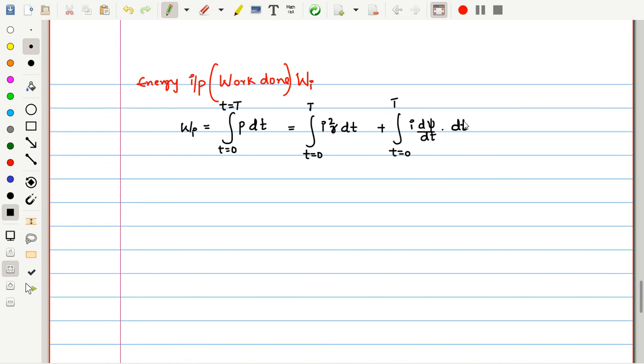Clear? Don't forget, this is the previous power expression term and dt is common. Now here, you can change the integration limits by cancelling dt dt.